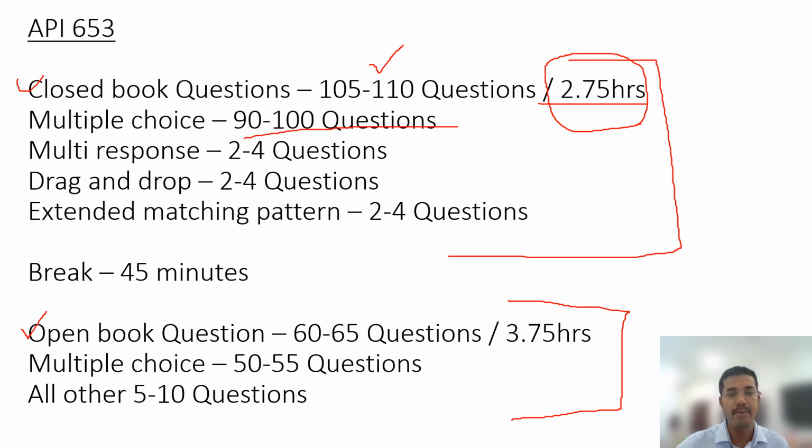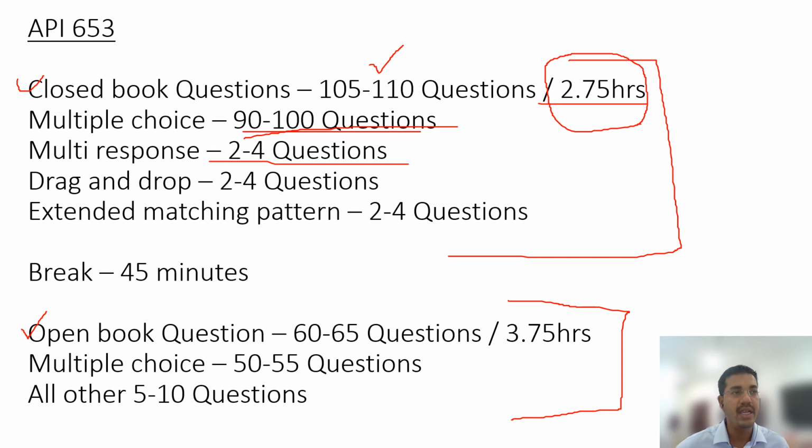What do we mean by multiple choice? There is a question, there are options A, B, C, D, and you have to choose A or B or C or D. You will get 90 to 100 multiple choice questions. Multi-response has 2 to 4 questions. In multi-response, there is more than one correct answer.